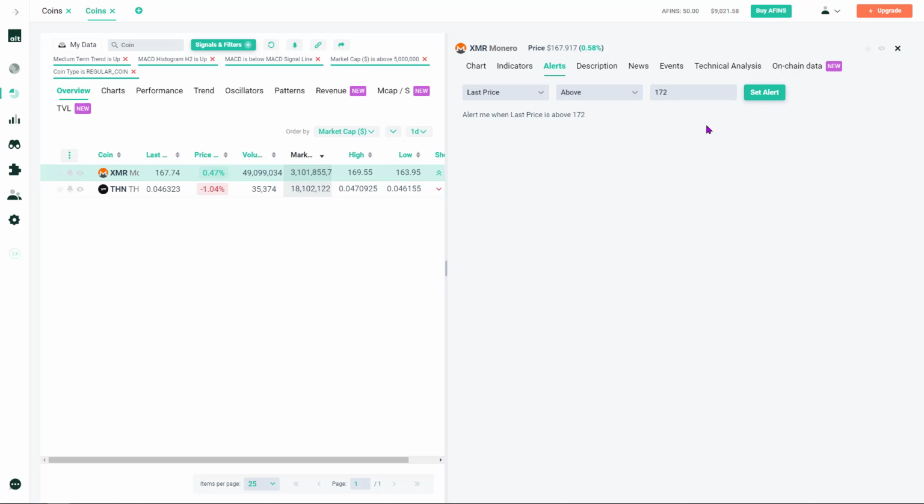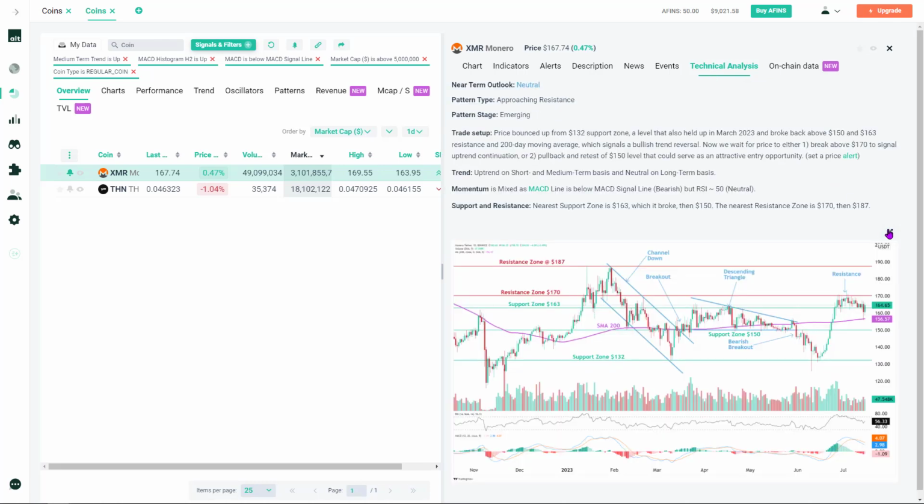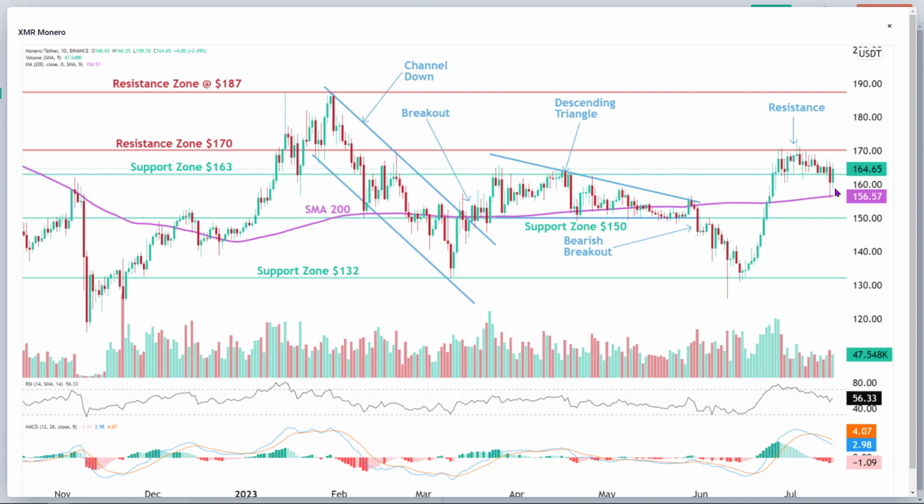So I want to set the bar a little higher and say, okay, when it's above 172, I want to be alerted. So I set the alert right there. On the downside, if it goes below, I mentioned that the next support level that I'd be interested in buying it at would be $150, right?